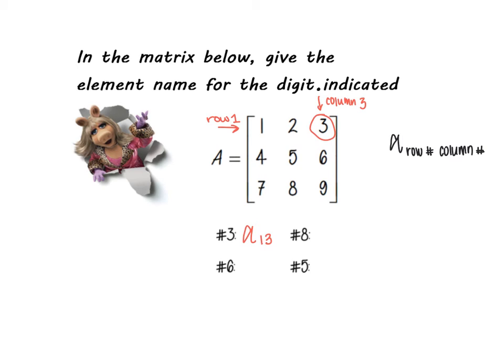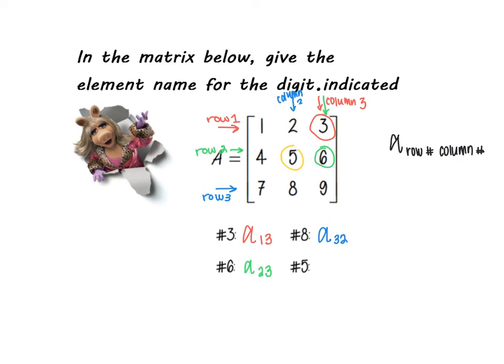For number 8, it's in row 3, in the second column. So when I name this one, it would be A, row 3, column 2, so A32. For 6, it's in row 2, and it's in column 3, so it would be A23.